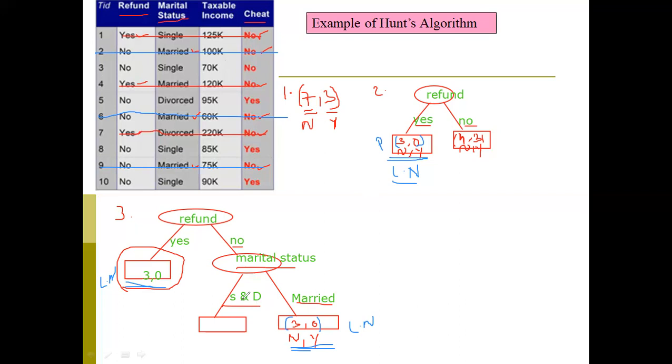Under single and under divorced, how many no class labels are there and how many yes class labels are there? Now we are going to check this. We have only 4 records: 3 single, 1 divorced. Under these 4 records, you need to find out how many no's and how many yes's are there.